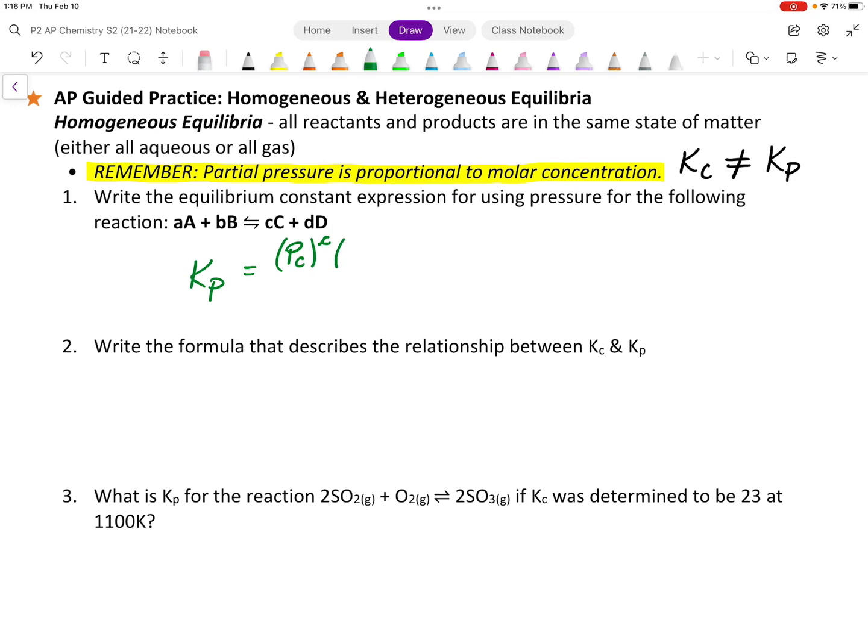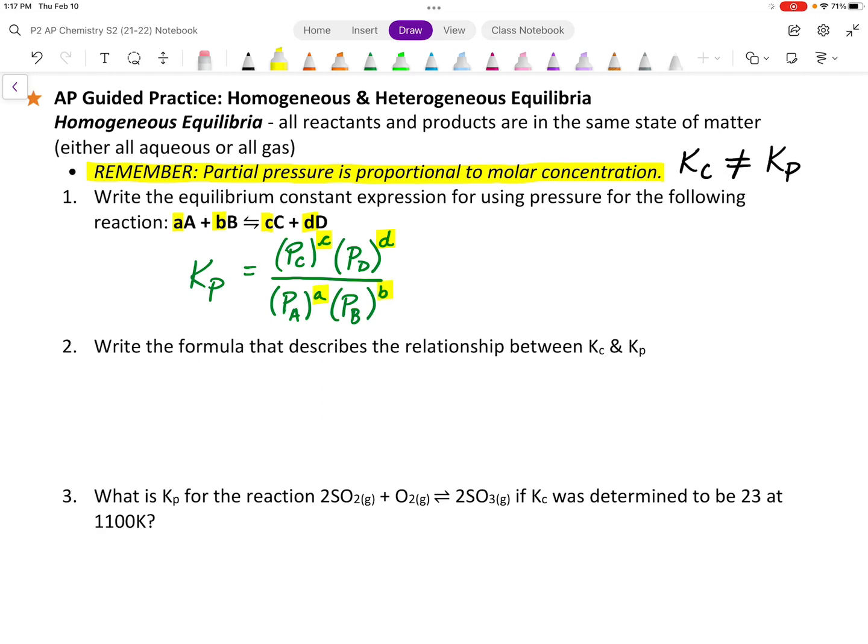So the partial pressure for C, the partial pressure for D. This is just the generic one over our reactants. So just to re-emphasize, all of these are our coefficients, those exponent values.